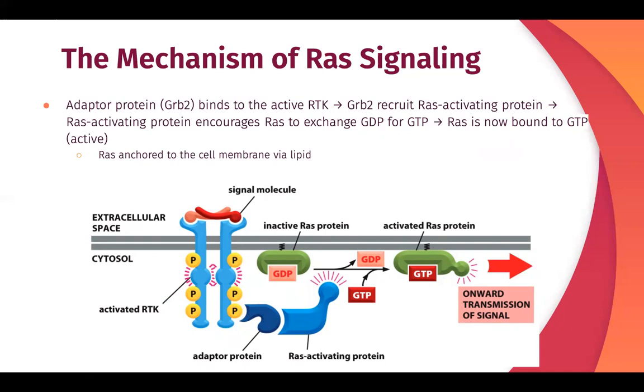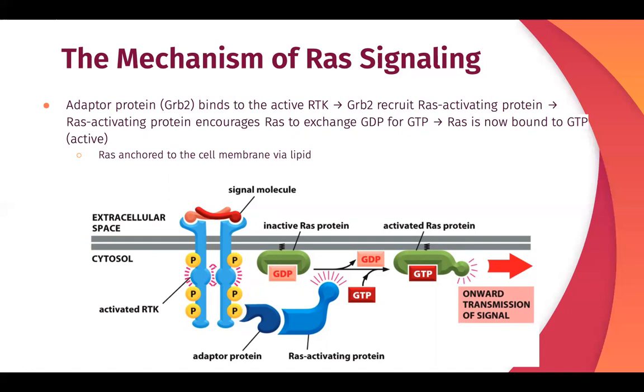And by active, I mean phosphorylated. As you can see, it's binding here at the phosphate. And GRB2 has an SH2 domain. So an SH2 domain is a phosphotyrosine binding domain. So it binds to phosphorylated tyrosines. And we'll see some other SH2 domains in a little bit.